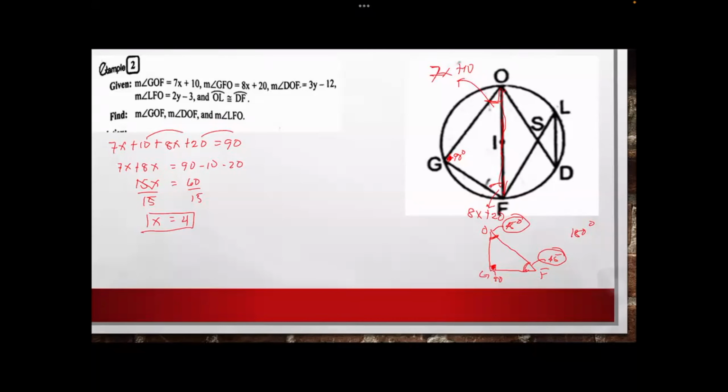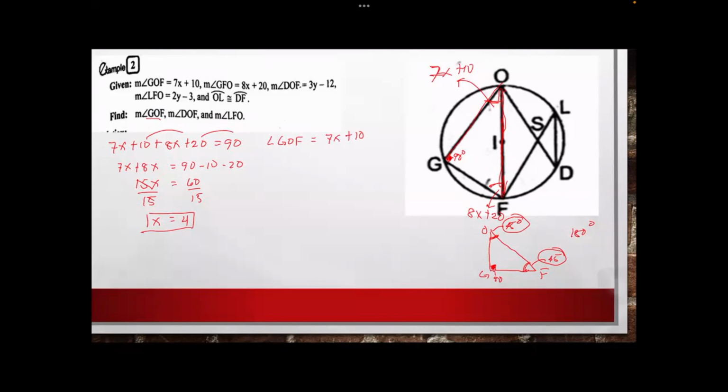Now, we are going to find the value of GOF and DOF. Where is DOF? Later. So, GOF first. In finding angle GOF, our GOF is 7x plus 10.